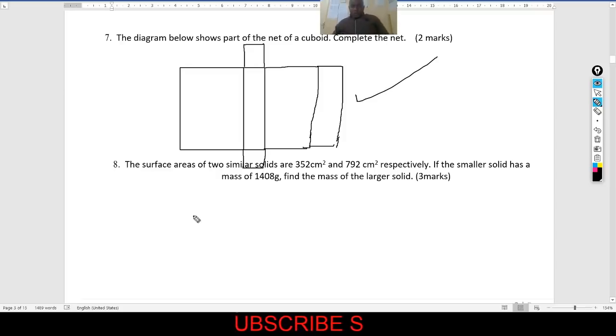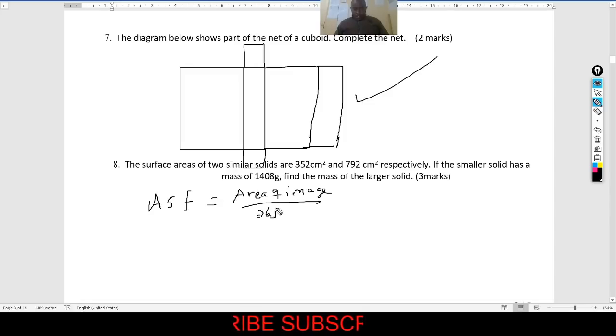Now what we do here, we know that area scale factor equals to area of image over object area.